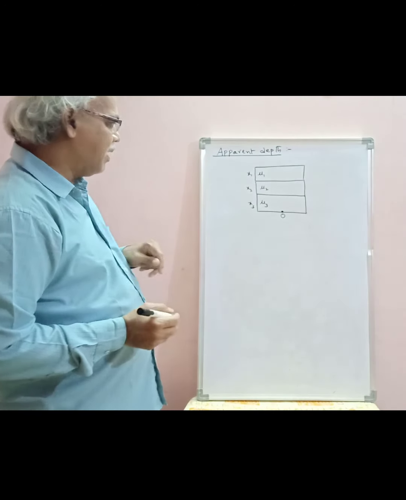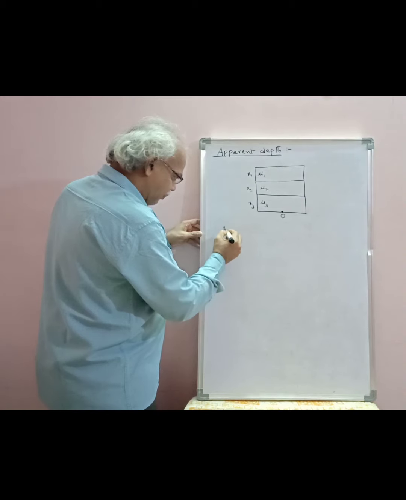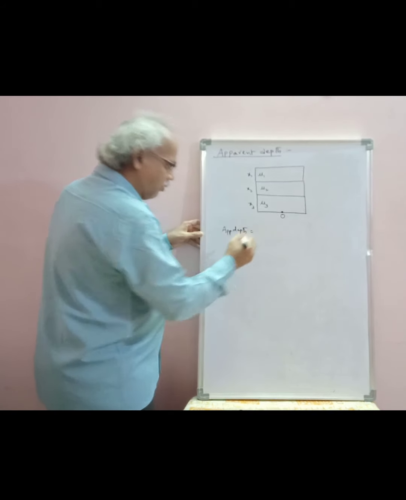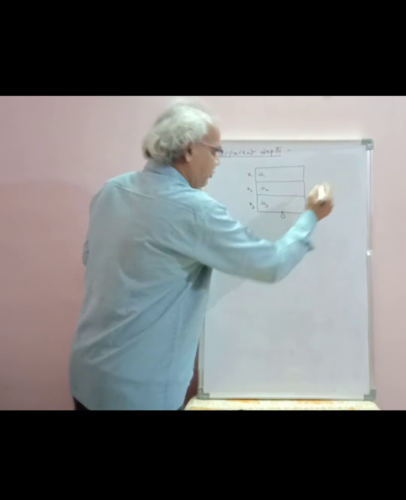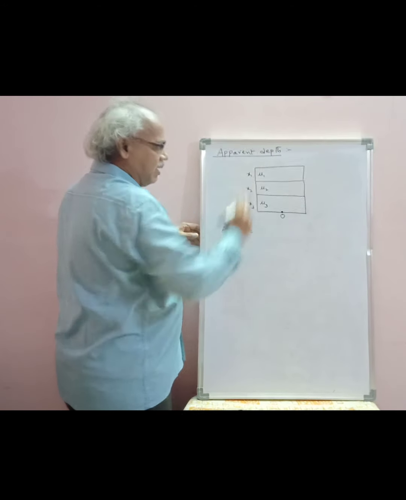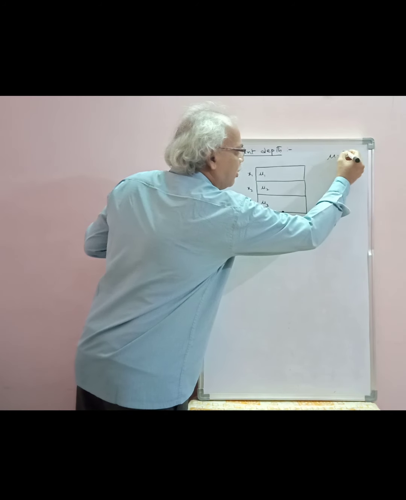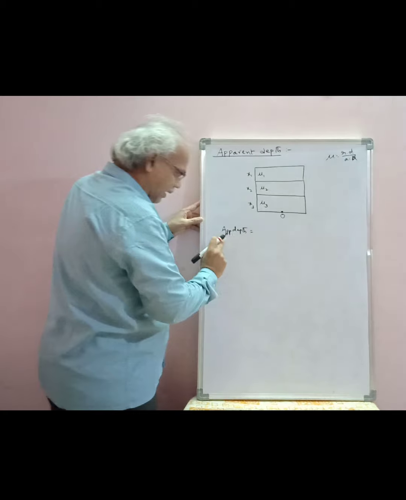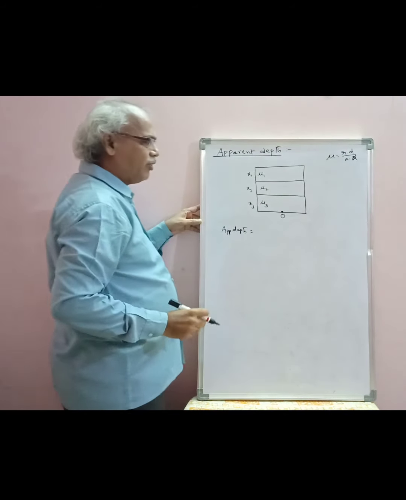What is apparent depth? Apparent depth is equal to, already we know that here the object is in denser medium, observer will be in rarer medium. Then mu is equal to real depth by apparent depth. Here apparent depth is equal to real depth by refractive index.